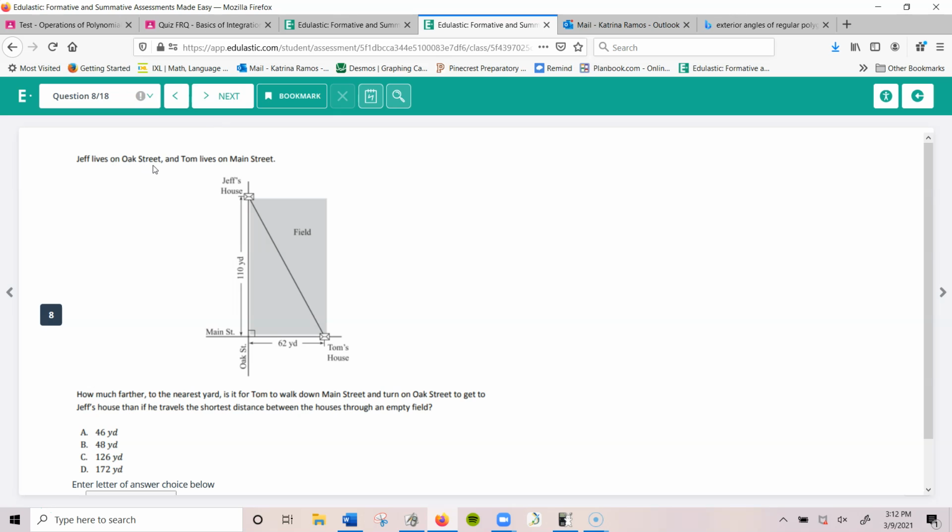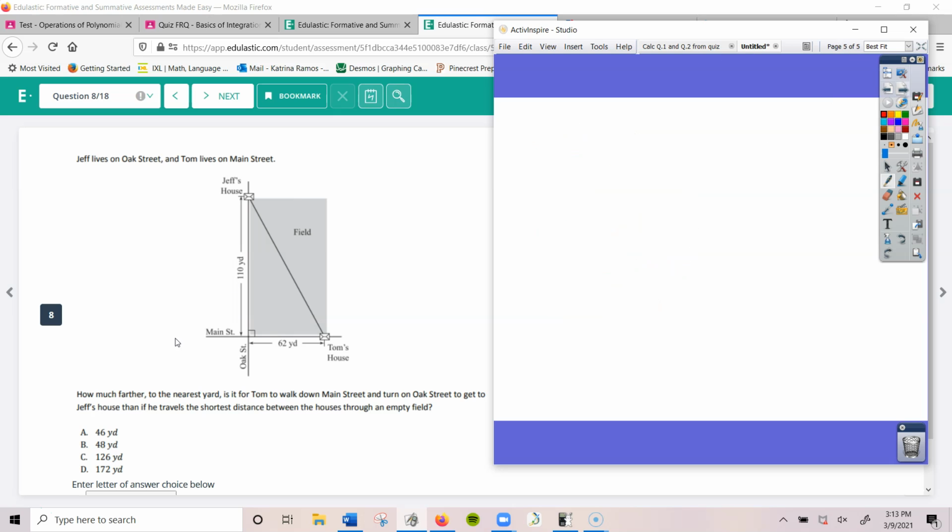Jeff lives on Oak Street and Tom lives on Main Street. How much farther to the nearest yard is it for Tom to walk down Main Street and turn on Oak Street to get to Jeff's house than if he travels the shortest distance between the houses through an empty field? Okay, so here we have this diagram. If Tom walks, where's Tom?